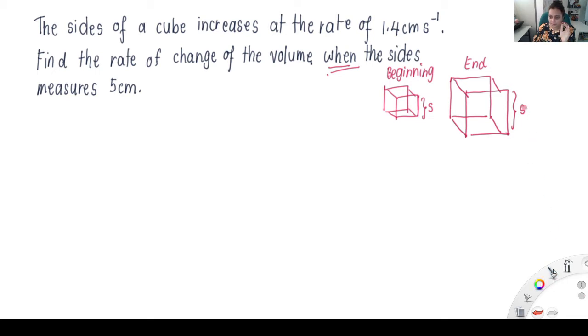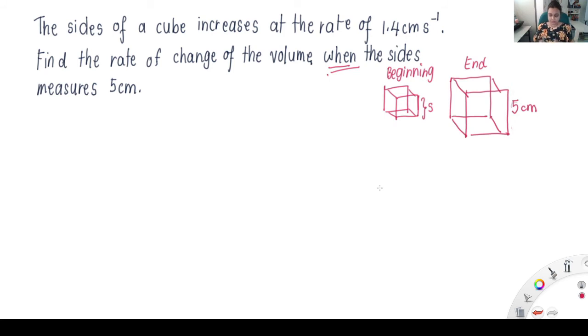Okay, this is 5 centimeters when the side has already increased.